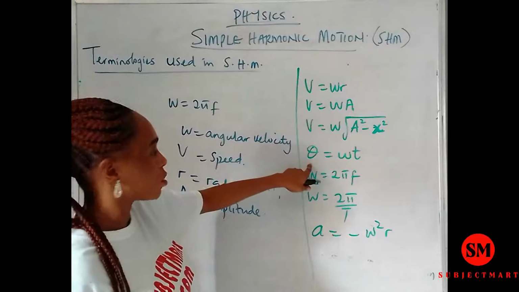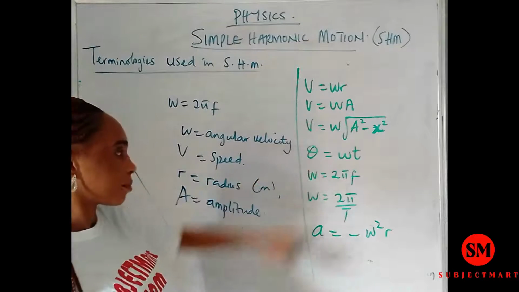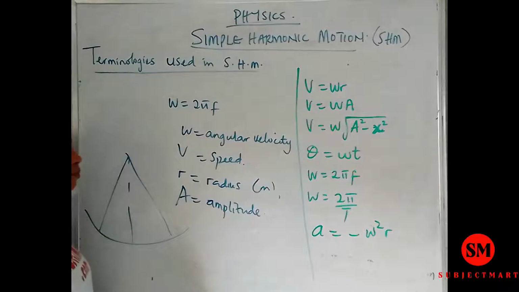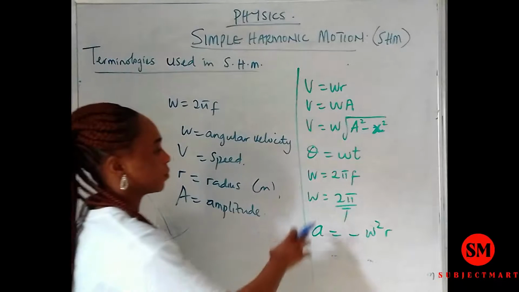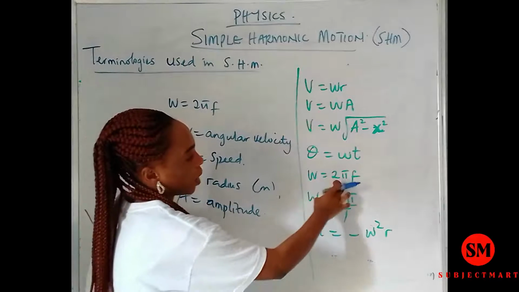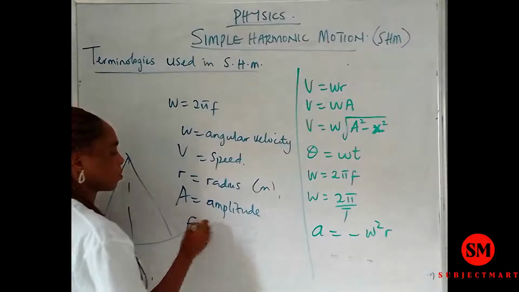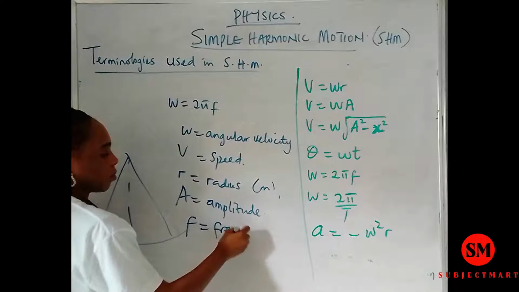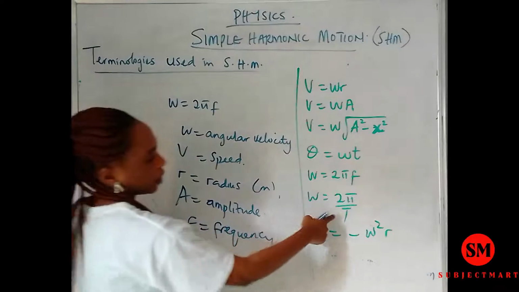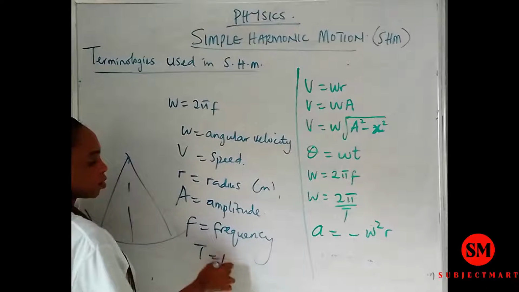This is the angular velocity, like I said. And then W is 2 pi F. F is the frequency. T, like I explained earlier, is the period.